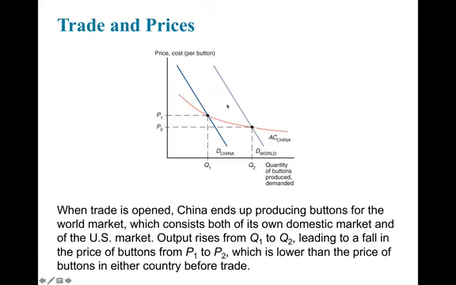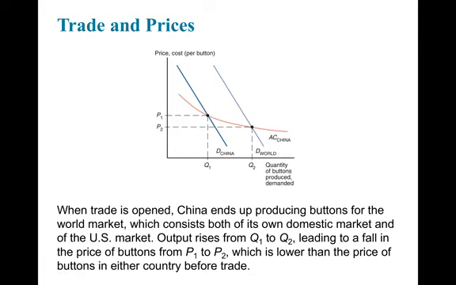It's pretty clear that after China has become the only world producer, the equilibrium price is determined by the intersection of world demand and the average cost in China. And so the new equilibrium is a larger quantity, Q2, and a lower price, P2, relative to the autarky regime in which the quantity of production in China was Q1 and the price P1.